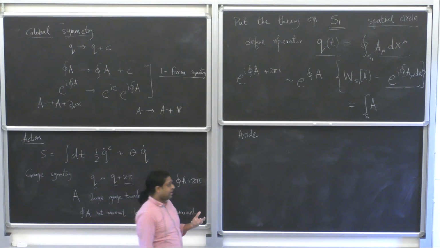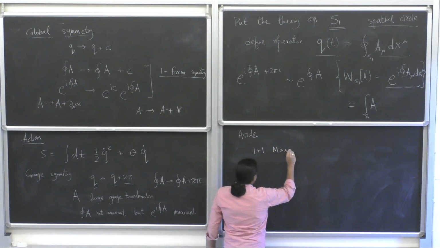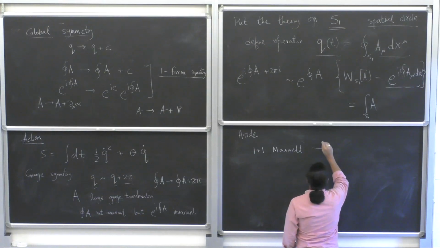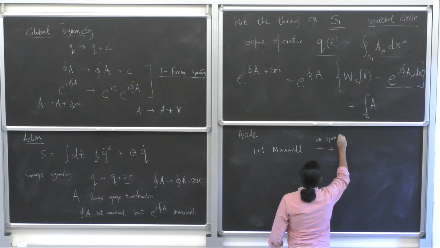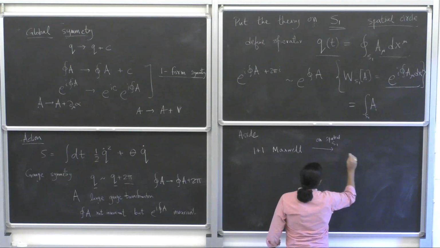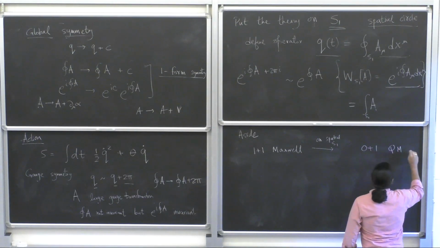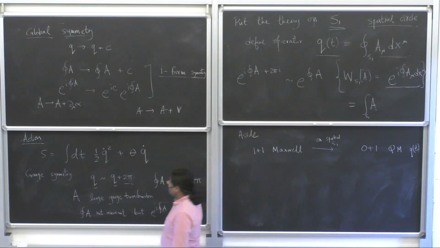So we had a 1 plus 1 Maxwell theory, and on a spatial circle it gave us a 0 plus 1 dimensional quantum mechanical theory with some variable q of t that we have been studying for all this time.